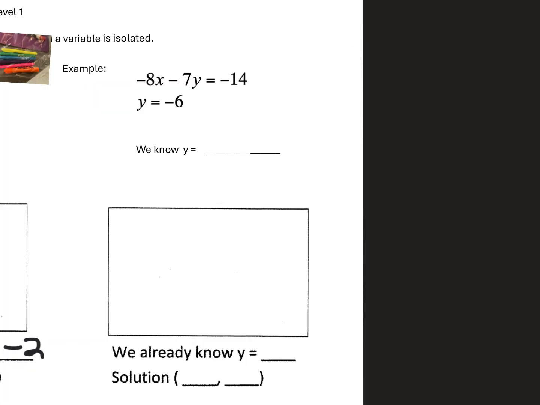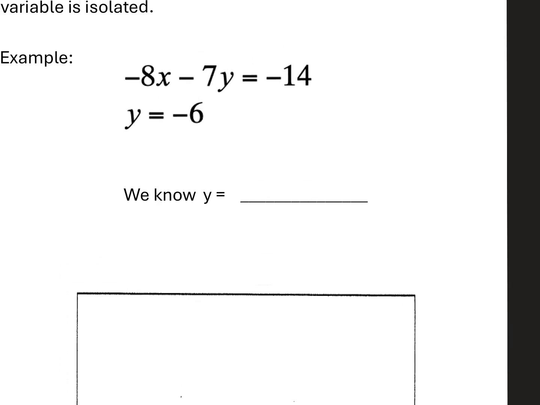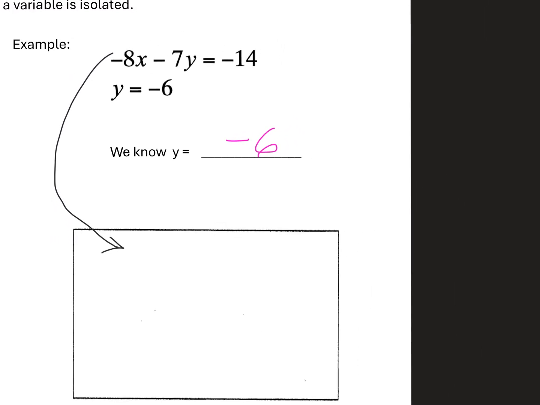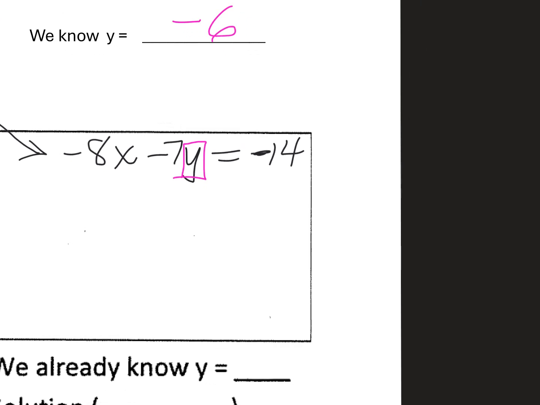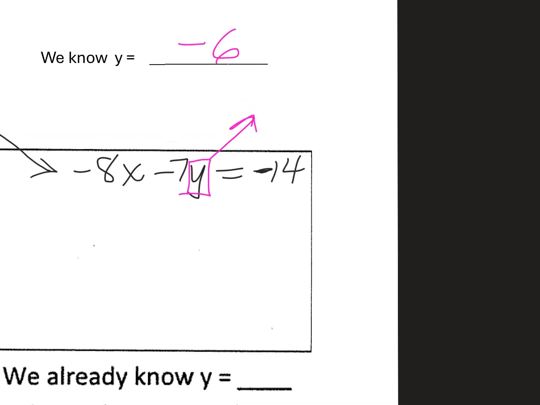So question 2, we already know that y is equal to what? -6, okay? So I'm going to take that top equation. I'm not going to forget my negative this time. What I like to do, I told you, is highlight the variable that I'm getting ready to replace so that I just have a little visual cue that that's what's getting ready to be substituted.